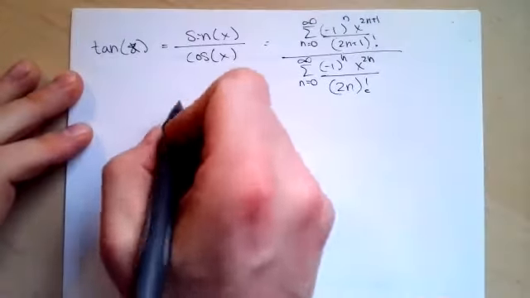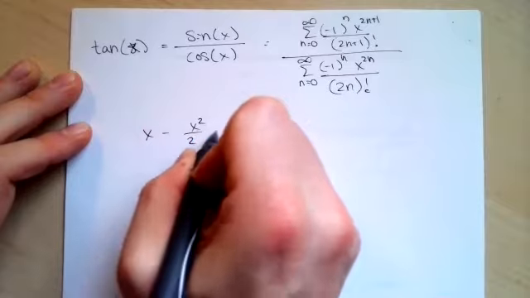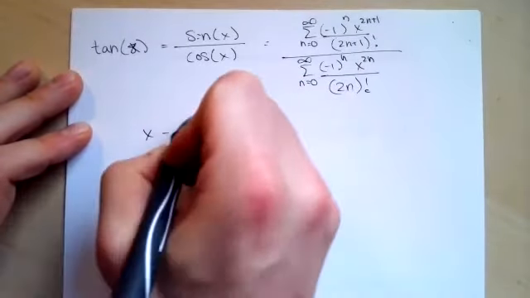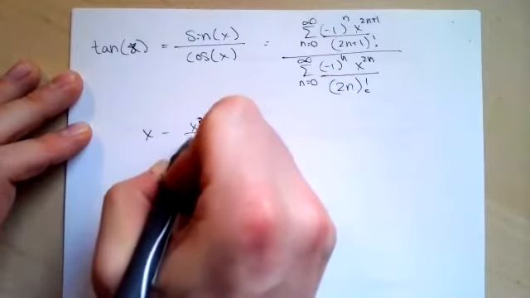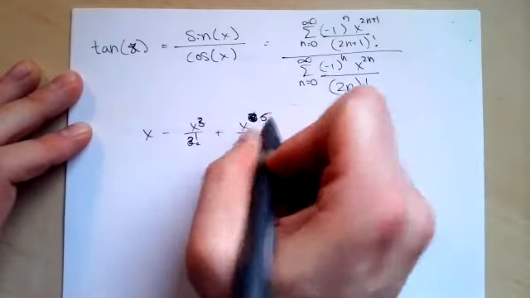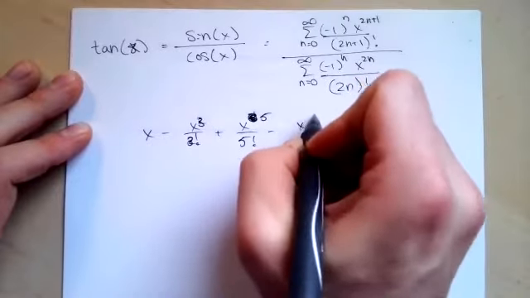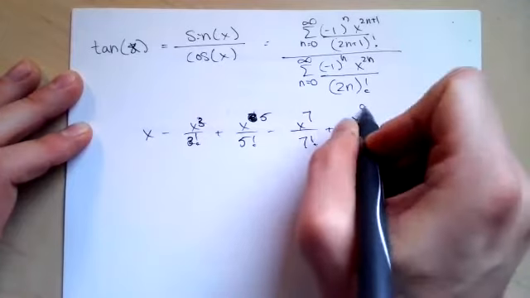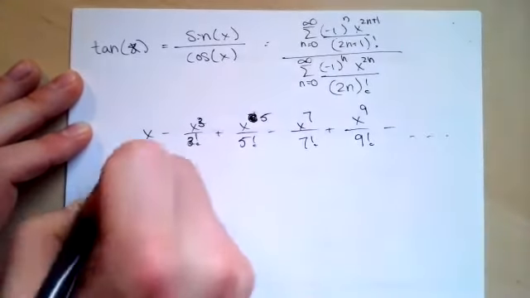And now let's see. So sine is going to be x minus x cubed over 3 factorial plus x to the 5th over 5 factorial minus x to the 7th over 7 factorial plus x to the 9th over 9 factorial minus, keep going. Sine is an odd function, so it has the odd powers.